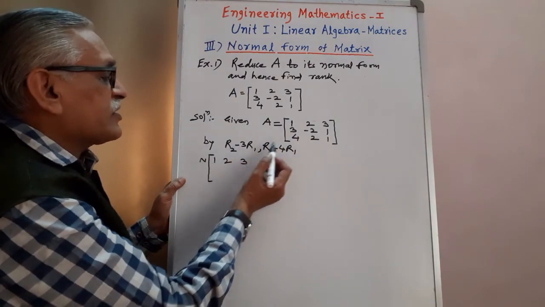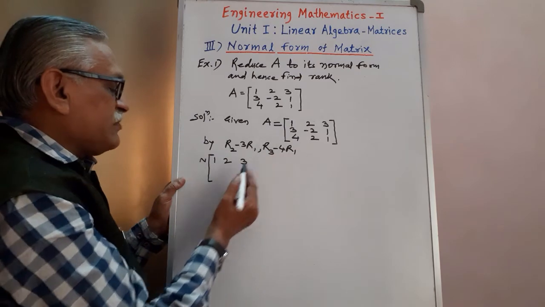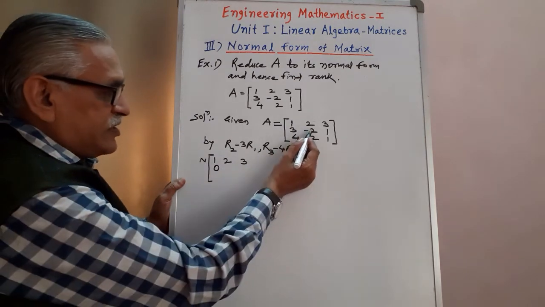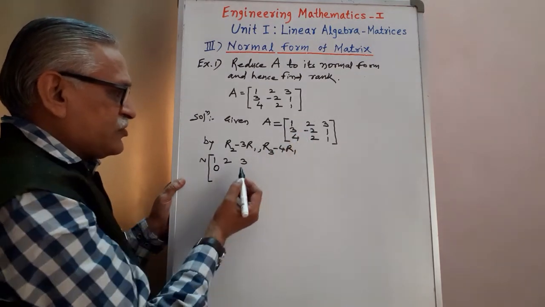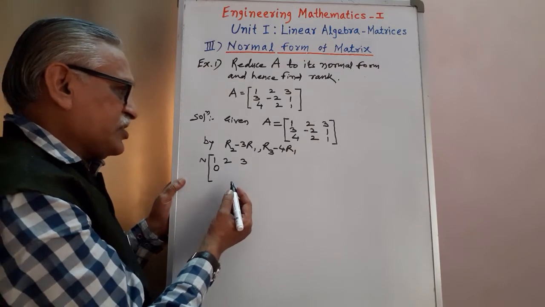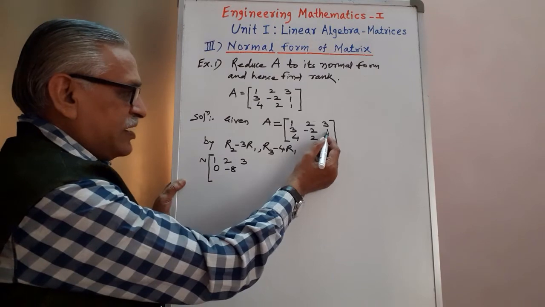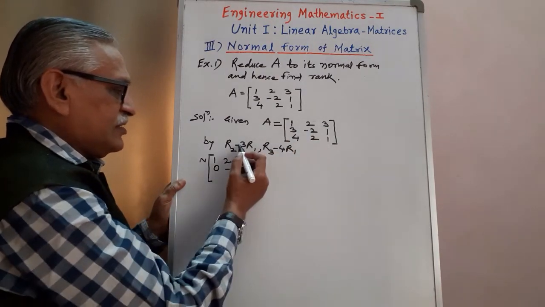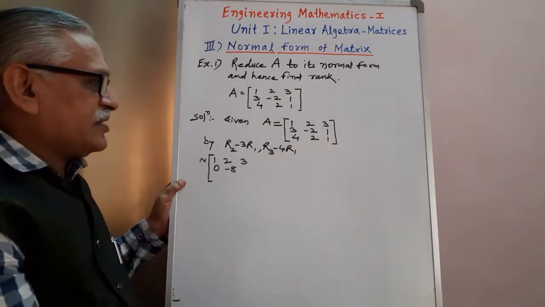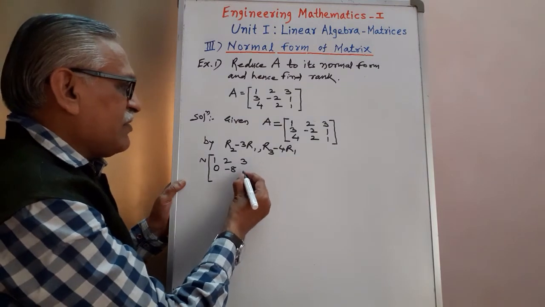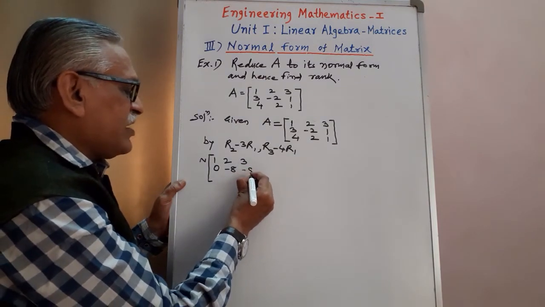Applying this, 3 minus 3 times 1, 3 minus 3, we get 0. Minus 2 minus 3 times 2, minus 2 minus 6, we get minus 8. Then 1 minus 3 times 3, 1 minus 9, we get again minus 8.